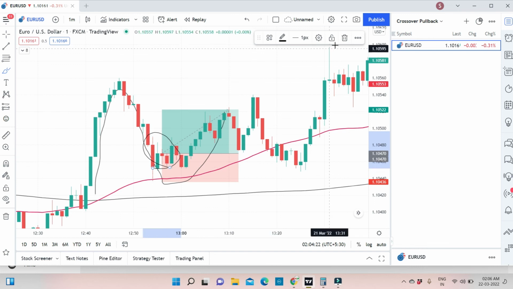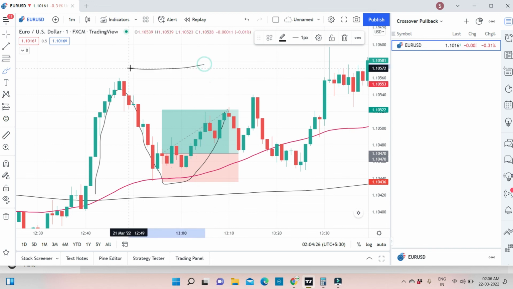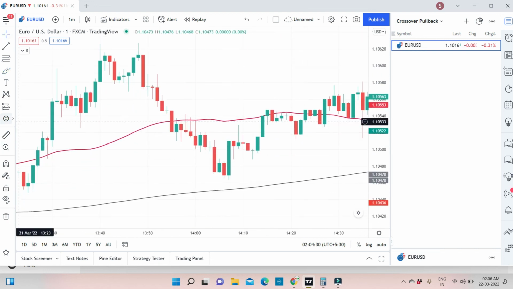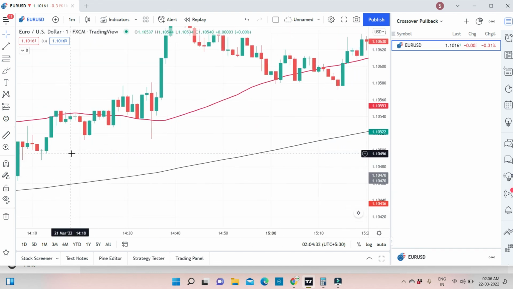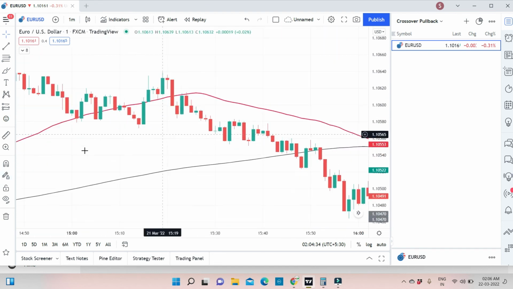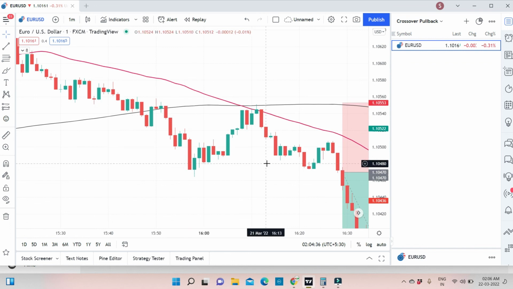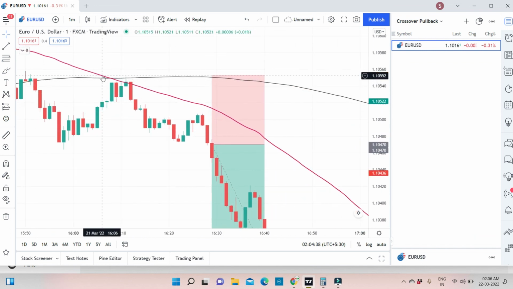Okay, this is one thing. And then what we need to remember is, whenever the 50 moving average line is crossing below the 200 moving average line, then we're going to go for a short trade. Like over here, it's crossing below, it's crossing downwards, so we're going to go for a short trade over here.